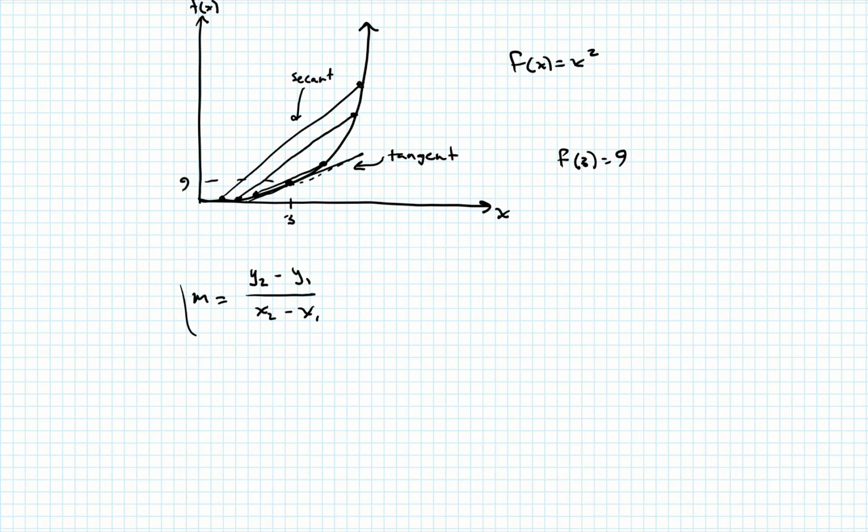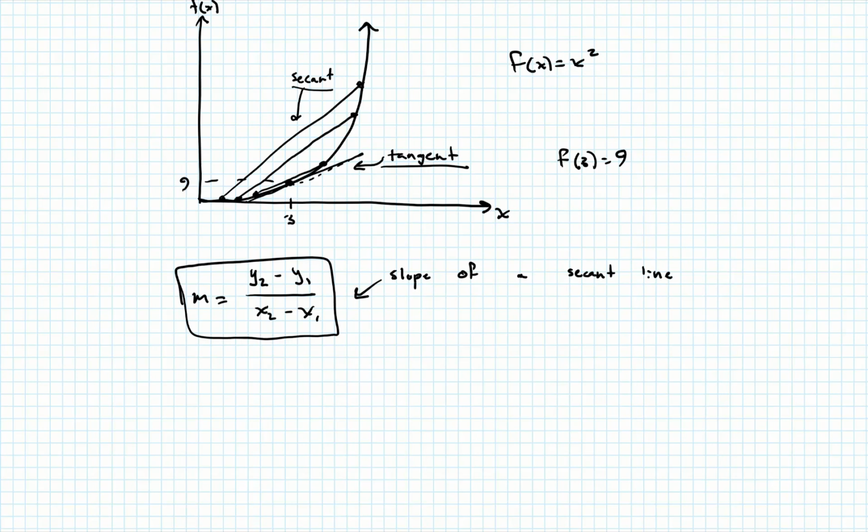So that's the slope formula right there. I want the slope centered around this point, okay? And just for simplicity's sake, we're only going to find the slope of this secant line and the slope of this tangent line.